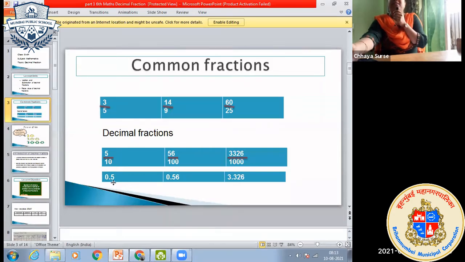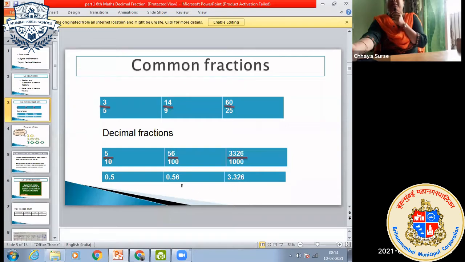Now the decimal place here is 5. Now here the decimal places are 5 and 6. Now in this number, the decimal places are 3, 2, and 6. The digits after the decimal point are the decimal places.